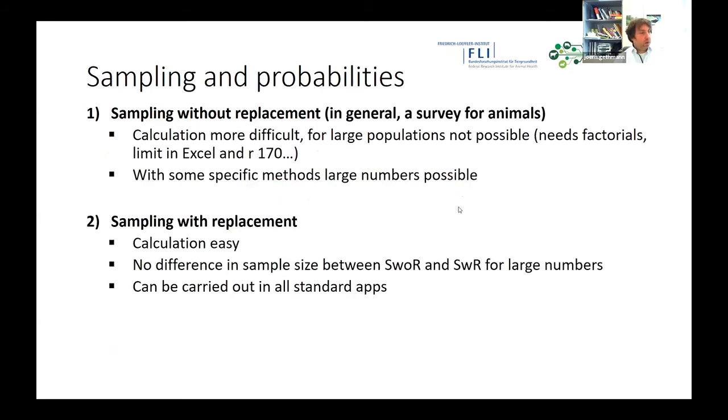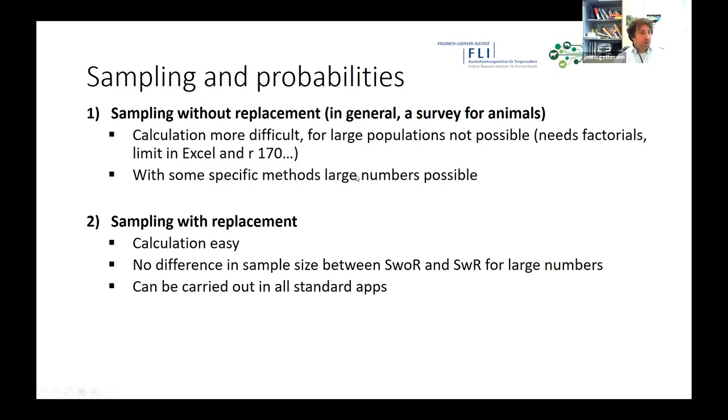I don't want to go into the details, but if you try to use the exact formula to calculate the sampling, then in Excel or in R you can go to a population number of up to 170, because you have to deal with factorials and nobody can deal with it. It's too complex.